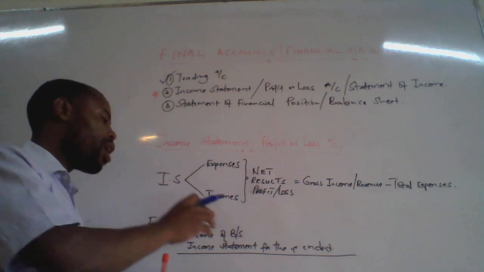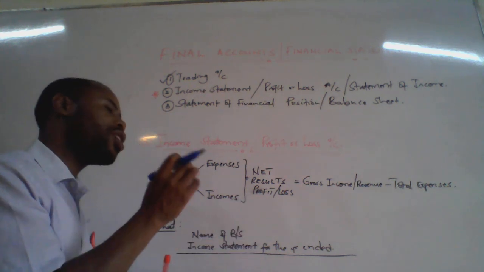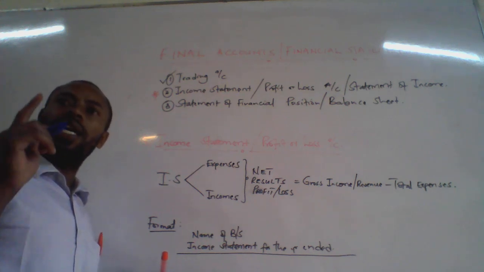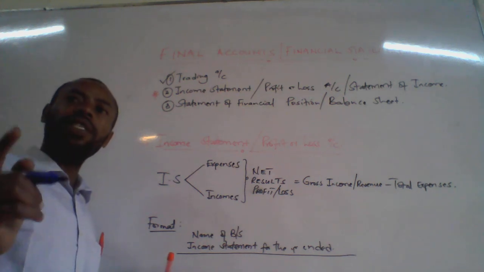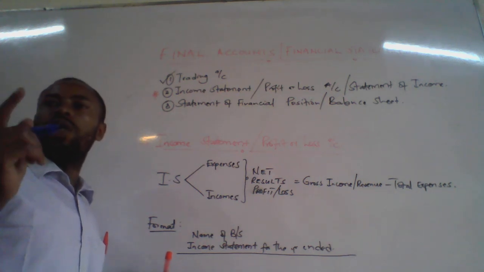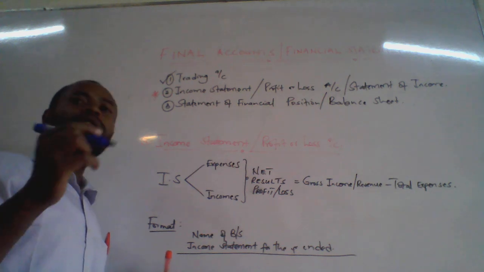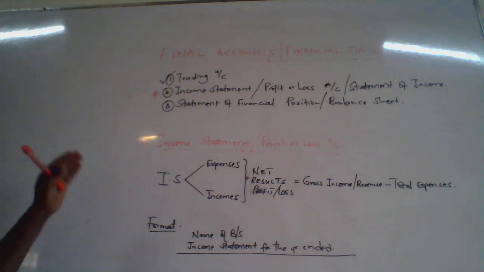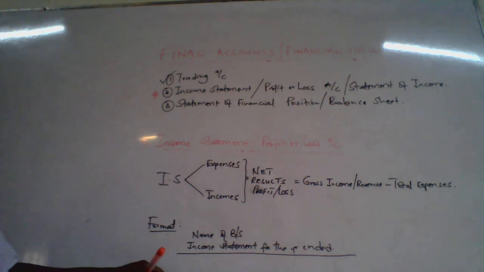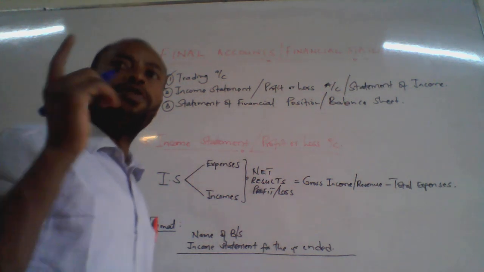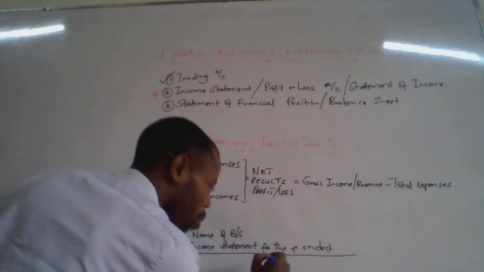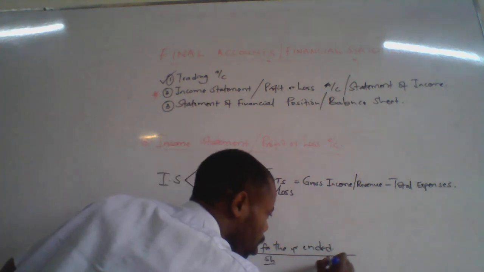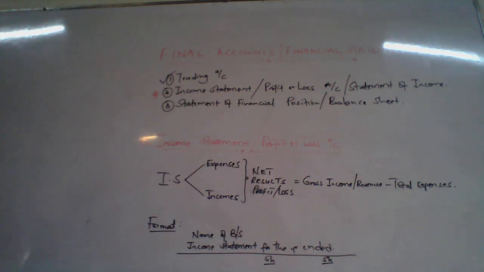So when you're preparing the income statement, you will state the end of that year: for the year ended 31st December 2024. The current CASNEB requirement is that you prepare your income statement using the vertical format, and using the vertical format, it means you're going to have the shillings on the currency columns, only two currency columns.